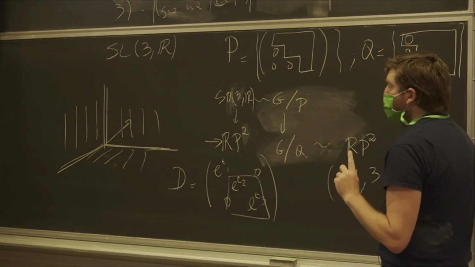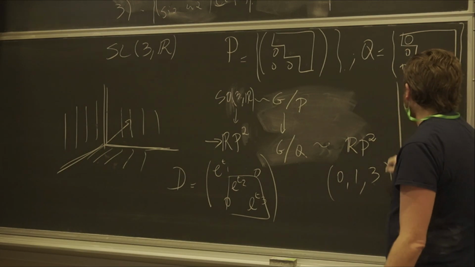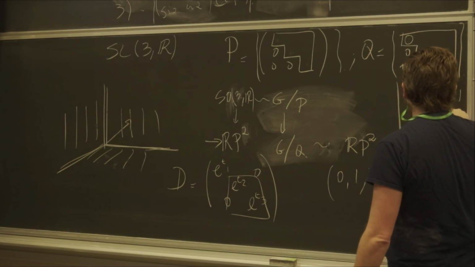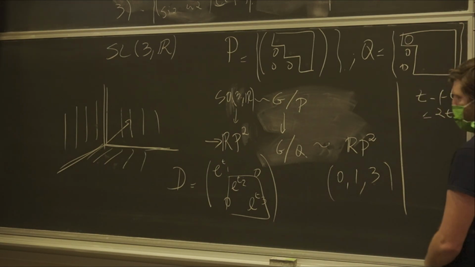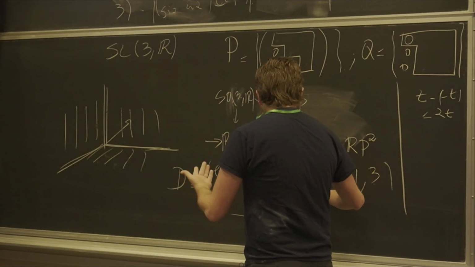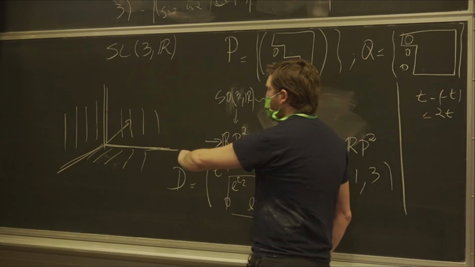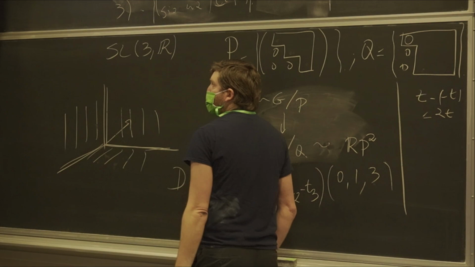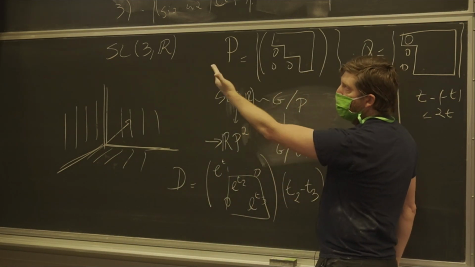And what is important, in dimension 1, we could not appreciate fully because we did t minus t, and we got a 2t, but it was the same t. Here, the speed of convergence, or divergence, is t2 minus t3. Okay? When you look at how this point is moving towards here or towards there, it's either t2 minus t3 or t0 minus t2, depending on whether I'm moving here or moving there.